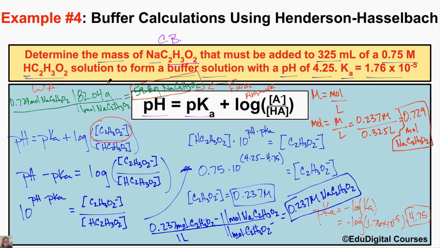So it says to determine the mass of sodium acetate that must be added to 325 milliliters of a 0.75 molar acetic acid solution to form a buffer solution with a pH of 4.25. It looks like we're going to have to add 59.8 grams of our sodium acetate to this buffer solution in order to have a pH of 4.25. So a lot going on there, but that's how you're going to solve that little problem right there.